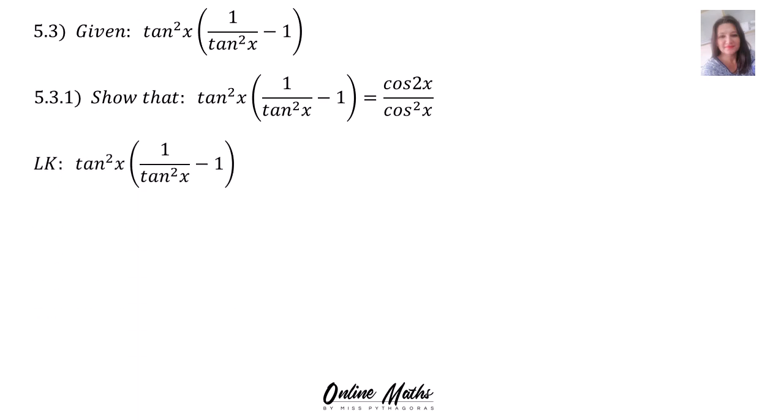There you go. So the first thing that I will do here is I'm going to multiply in the tan squared x, and it becomes tan squared x over tan squared x minus tan squared x. Then you can say tan squared x and tan squared x will cancel each other out, and you're left with 1 minus tan squared x.